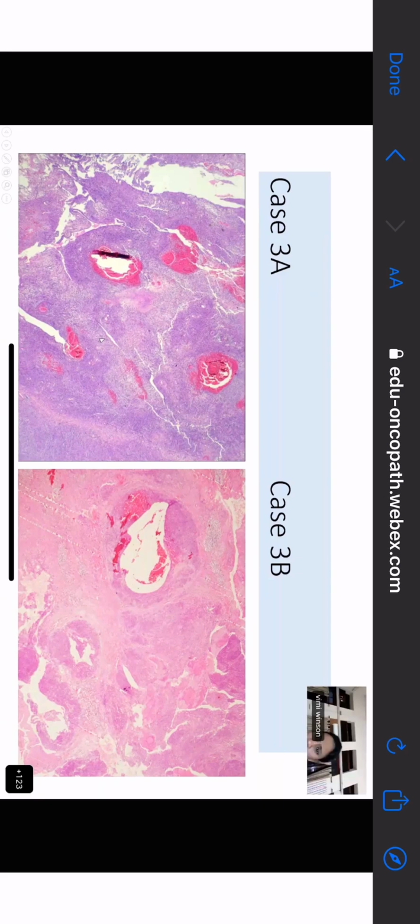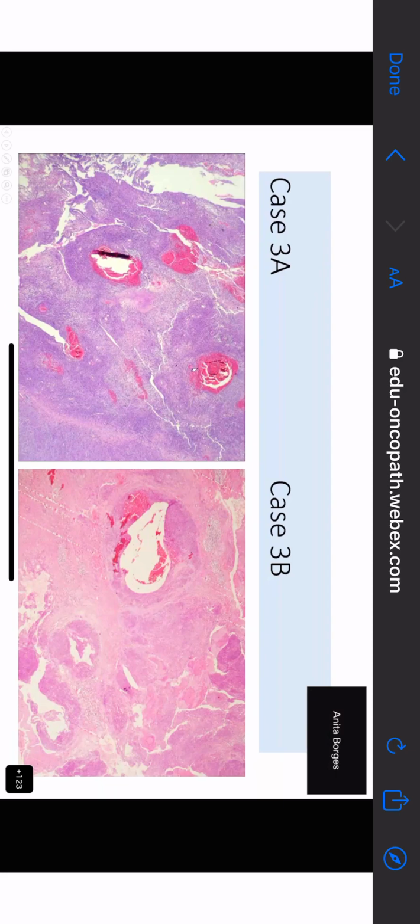Okay, but this space in 3B is a very well defined space. You can see all these spaces are extremely well defined. When you see a space here on the left hand side, except for one space which looks relatively well defined, these are just like areas of hemorrhage.